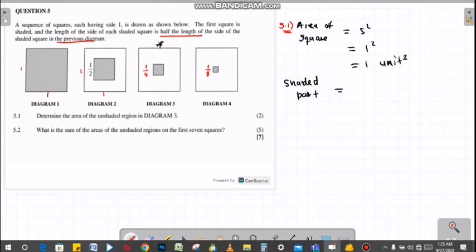Okay, so now the shaded part will be what? 1/4 squared, which is 1/16.